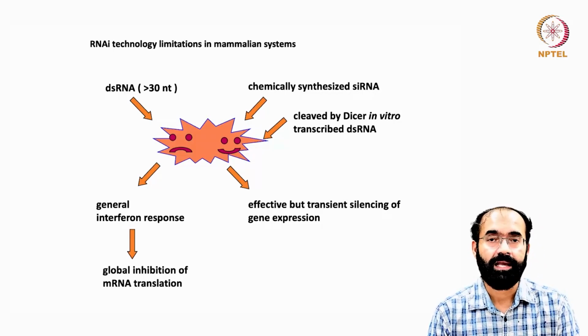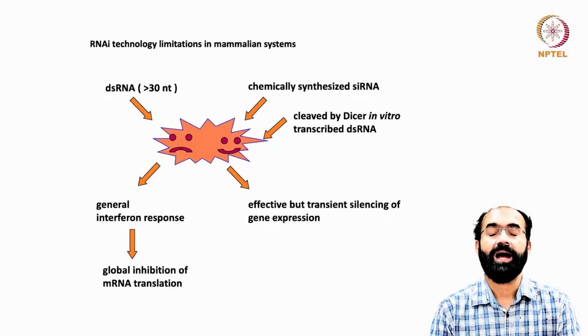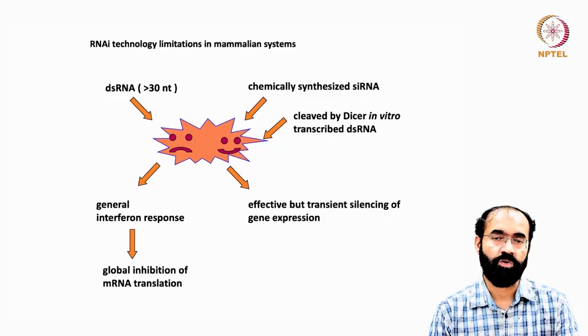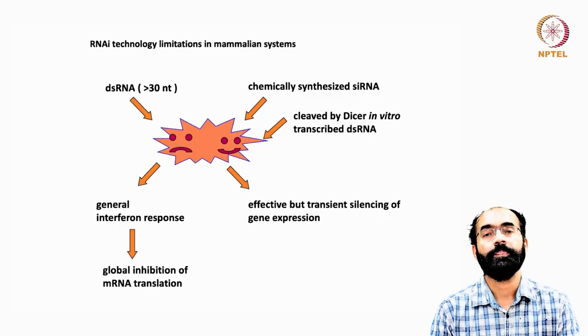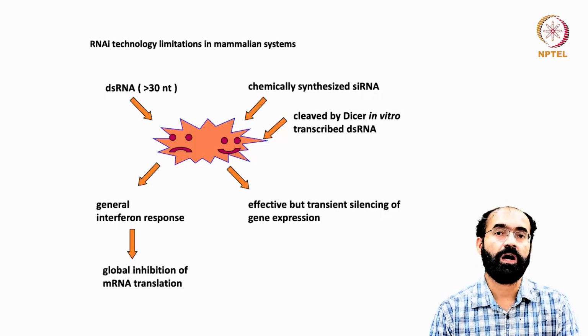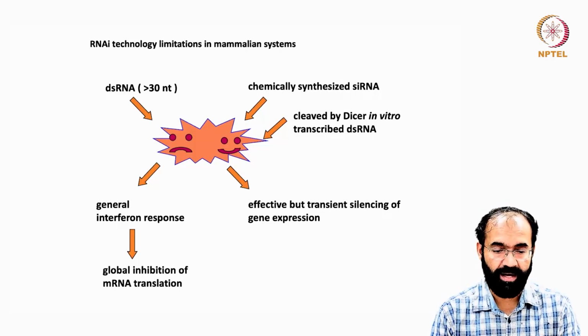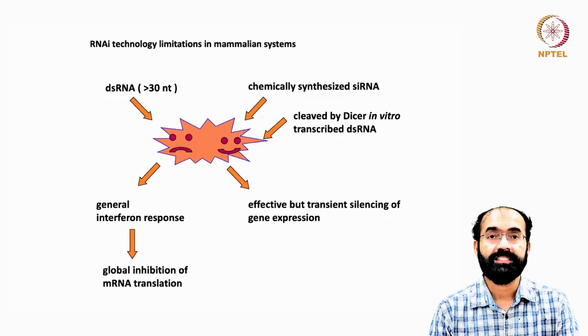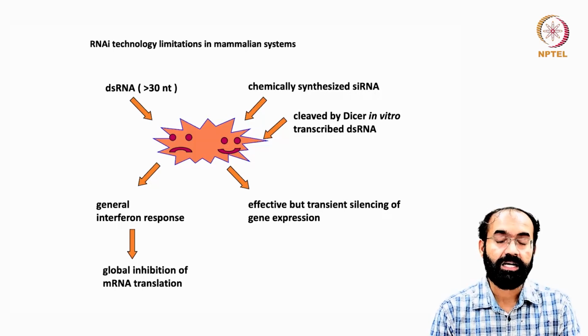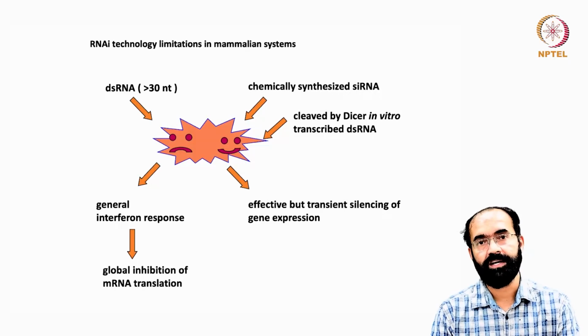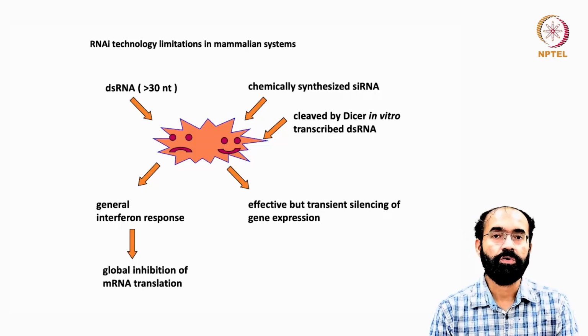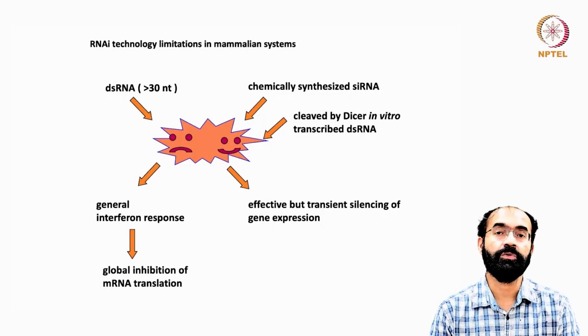Interferons are chemicals induced after a viral infection or viral injury. So the body induces interferons to counter the action of viruses, and this can eventually trigger global inhibition of mRNA translation. So no cell will produce any protein. So it is a complete blockade, including the virus.